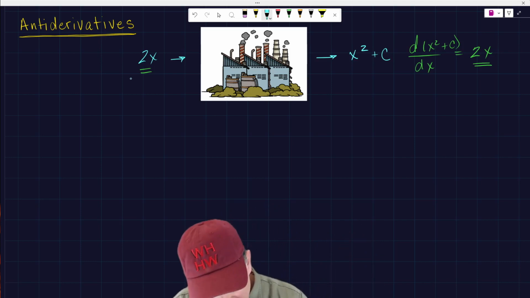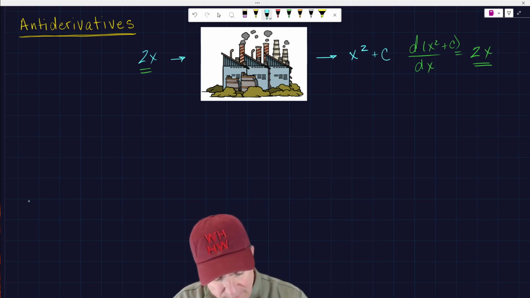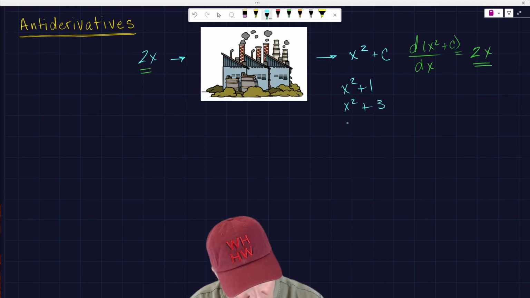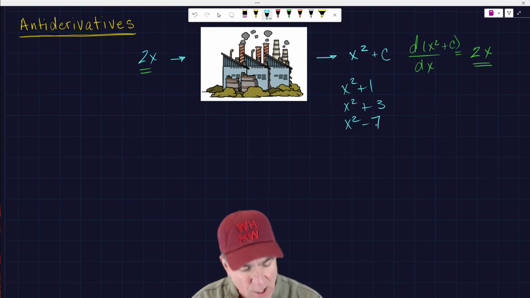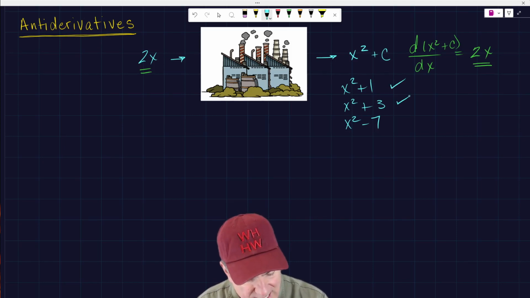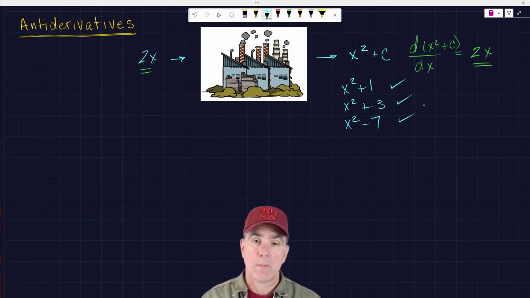The antiderivative of 2x, when I push it through the factory, will work for x squared plus 1. It would work for x squared plus 3. It would work for x squared minus 7. Those are all my functions that if I differentiate them give me 2x. So 2x is the derivative of all these functions, which means each of these is an antiderivative for 2x.